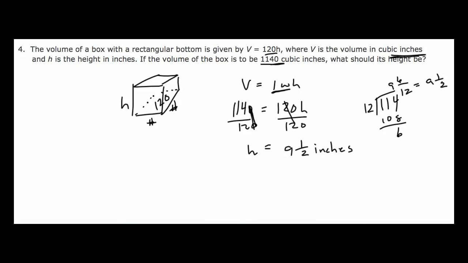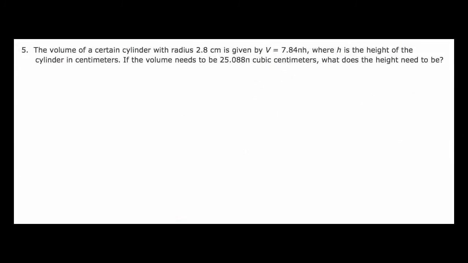Number 5. The volume of a certain cylinder with a radius of 2.8 centimeters is given by V equals 7.84 pi h, where h is the height of the cylinder in centimeters. If the volume needs to be 25.088 pi cubic centimeters, what does the height need to be?